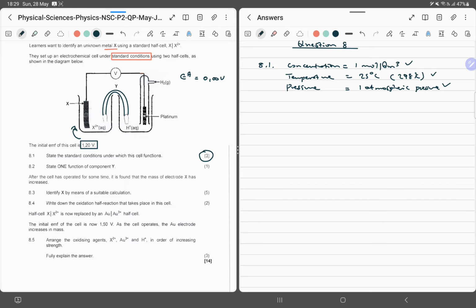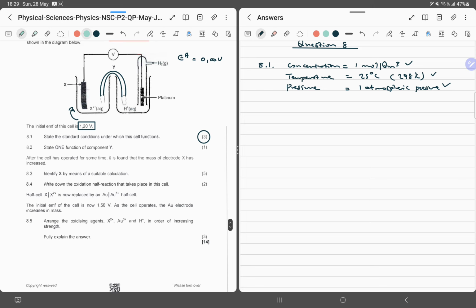Of course, you look at the marks, you will gauge how much you are supposed to sink. And then it says state one function of component Y. That is the salt bridge, right? So this one completes the circuit. Okay?